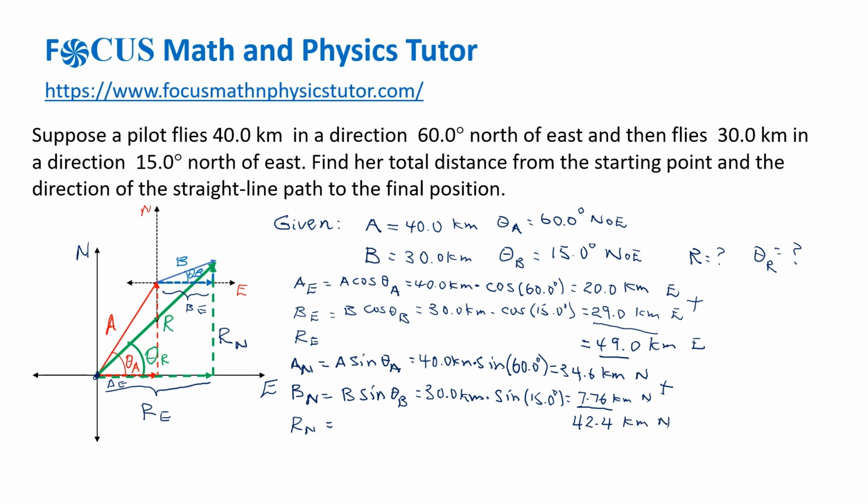So now we have the vertical and the horizontal component of the resultant. Therefore, we can use the Pythagorean theorem to find the resultant R. R in the east squared plus R in the north squared. Okay, that is R in the east is 49.0 kilometers.